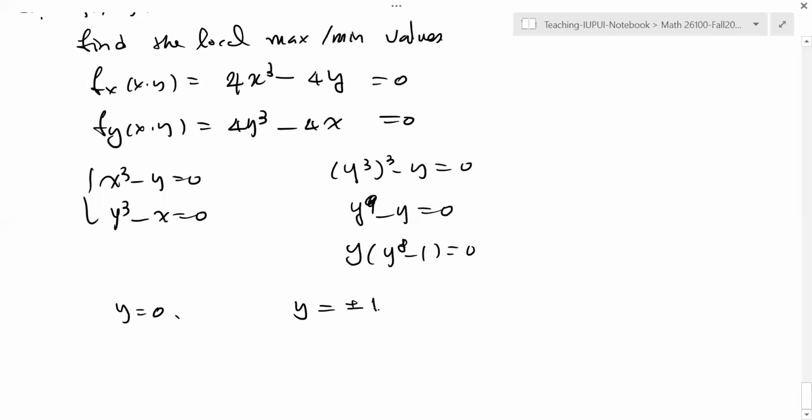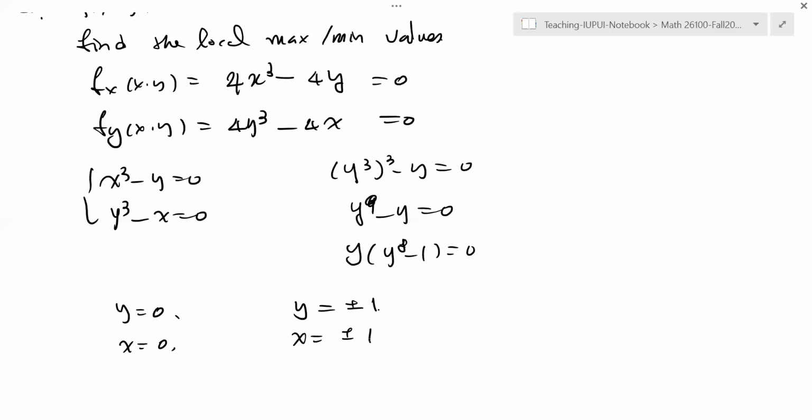Because y to the even power equals 1, then y must be plus minus 1. So when y is 0, x is going to be 0. When y equals plus minus 1, x is also going to be plus minus 1, because x is y cubed.